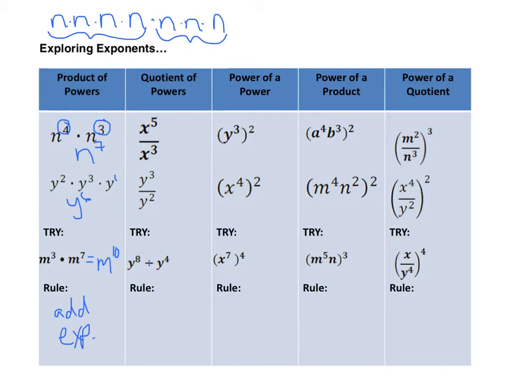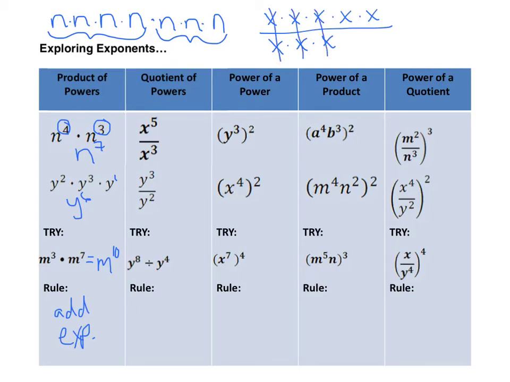That's product of powers. Quotient of powers, division. Well, let's write this one out. I have x to the fifth, so x times x times x times x times x over x times x times x. Okay, well, if we think back to cancellations, we could cancel those, cancel those, cancel those.